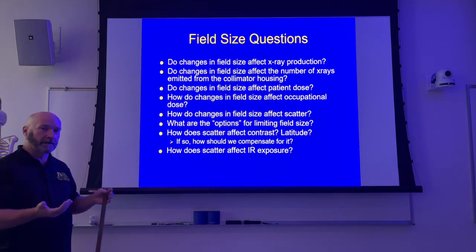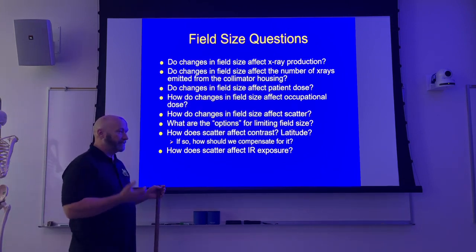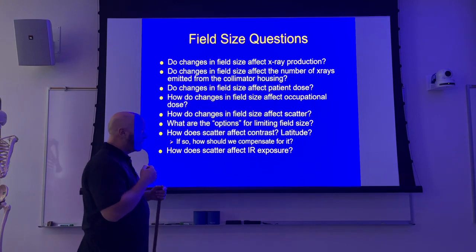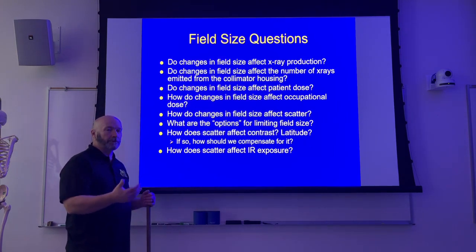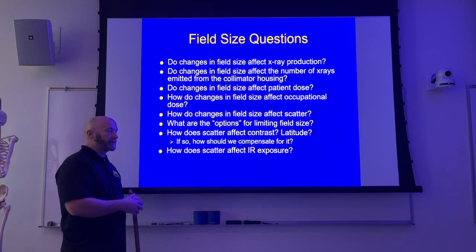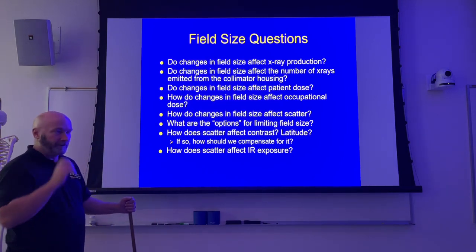As we increase collimation, we reduce photons. With reduction of photons, we reduce not only what the patient's exposed to, but the image receptor is exposed to as well. So if you were to shoot a KUB, right?